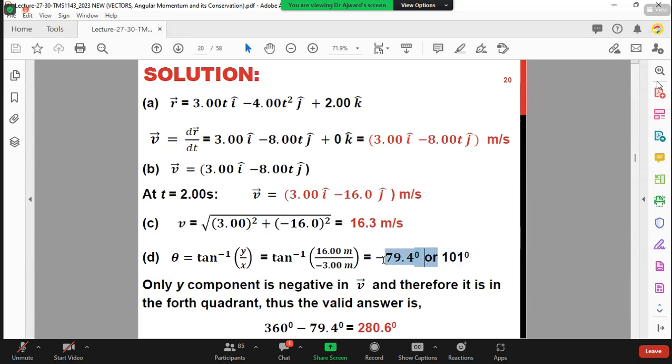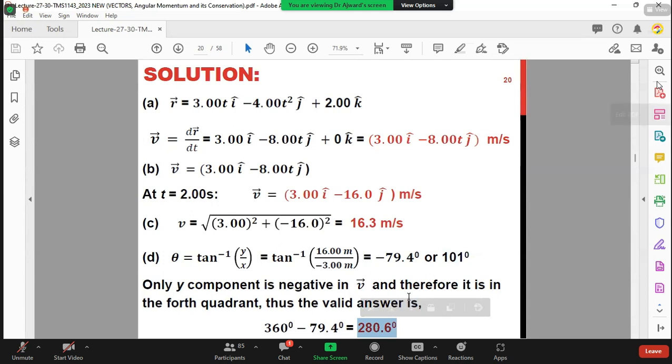It has to be this negative 79 because it is in the fourth quadrant. Another way to write it is 360 minus 79.4. So this is the wrong answer because 101 represents which quadrant? It represents the second quadrant, but actually we are in the fourth quadrant. You can try it with your calculator.